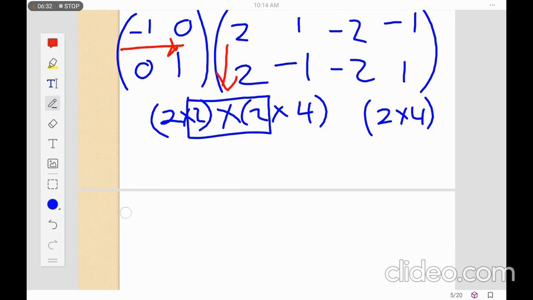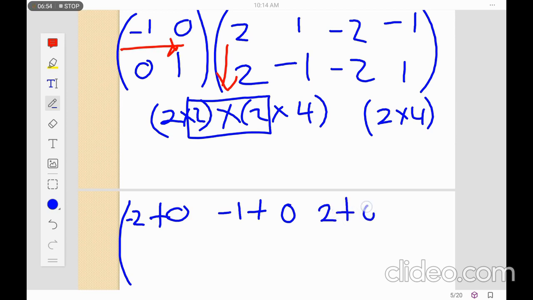For the first row, I'll have -1 times 2, I get -2, plus 0 times 2, I get 0. The second one, -1 times 1, -1, plus 0. Everything that is multiplying by 0, I get a 0. The next one, -1 times -2, I get a 2, plus 0. The other one, -1 times -1, I get 1, plus 0.